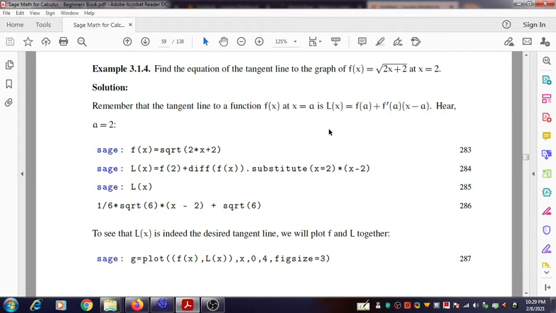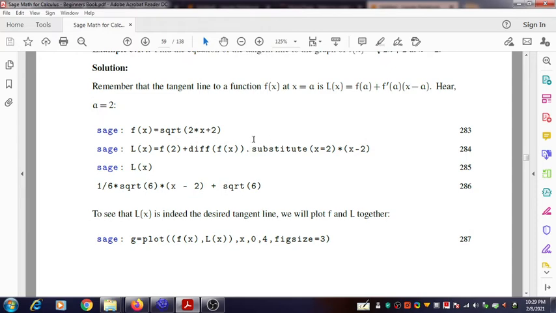For that, you can use these commands, these statements, to find the equation of the straight line.